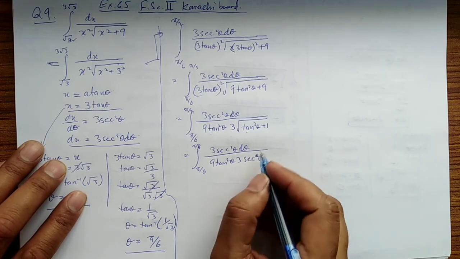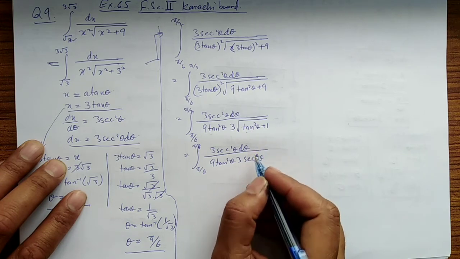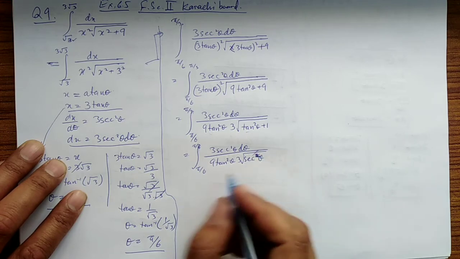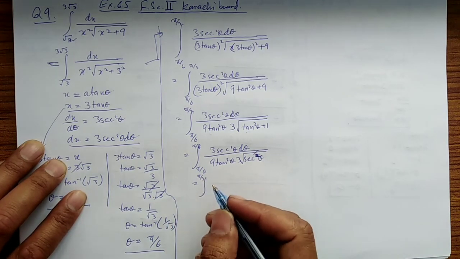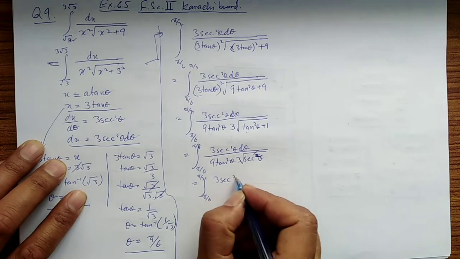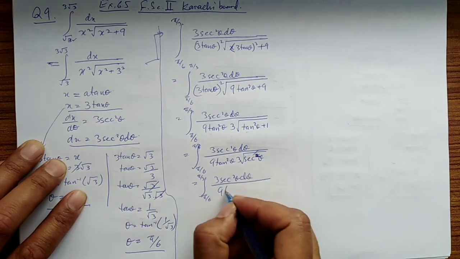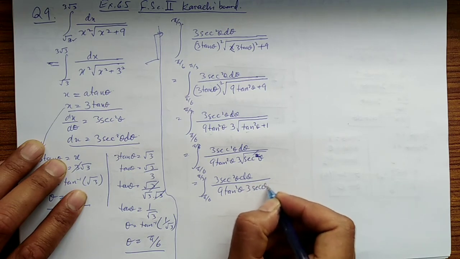Sorry, not a square, it's a root. So we cancel out the square and the root, and we are left with 3 sec square theta d theta whole divided by 9 tan square theta times 3 sec theta.